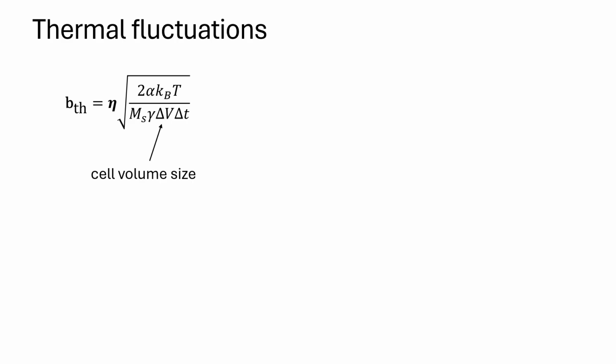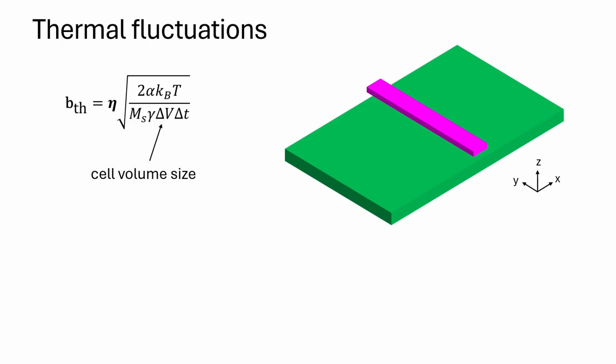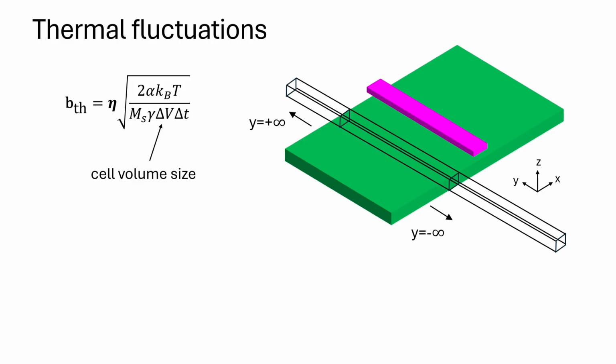When we were working with the two-dimensional model, the system is supposed to extend to infinity in the y direction. Therefore a simulation cell is also infinitely long in the y direction, and we can argue that the volume of this cell is infinite. This will suppress the magnitude of the thermal field BTH to 0. Therefore we can ignore thermal fluctuation in the two-dimensional model.